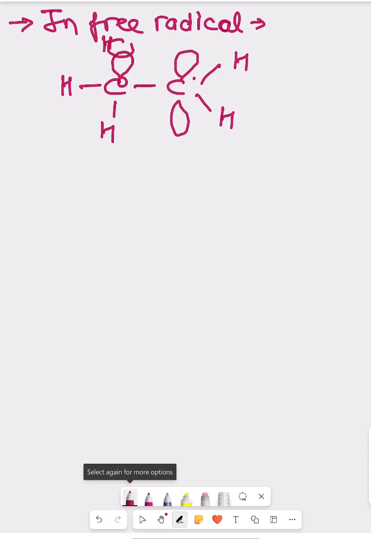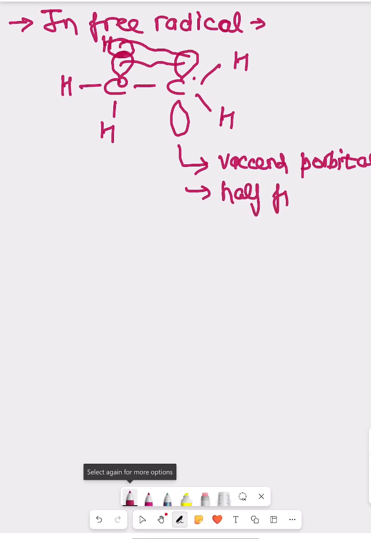This is your hydrogen orbital, and these are having overlapping. In a free radical and a carbocation, the orbital overlapping is almost similar, but in the carbocation it was a vacant p orbital. Here it is a half filled p orbital. You can say the overlapping is between sigma and p orbital. Sigma, of course, sp3 s.